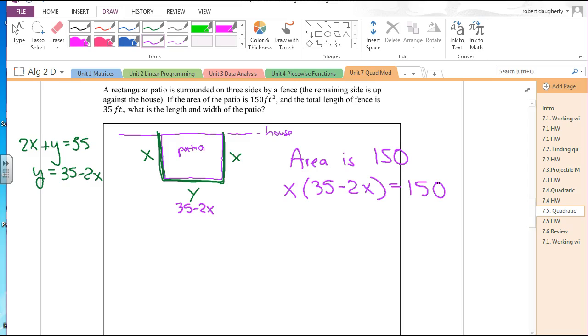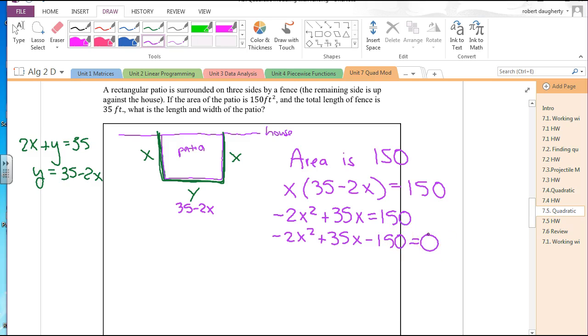So this means that negative 2x squared plus 35x equal 150. I've got to solve this for x. So negative 2x squared plus 35x minus 150 equals 0.